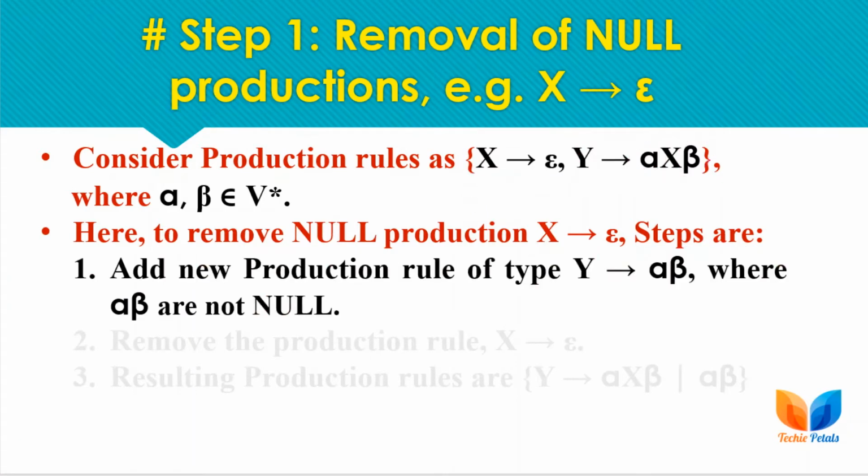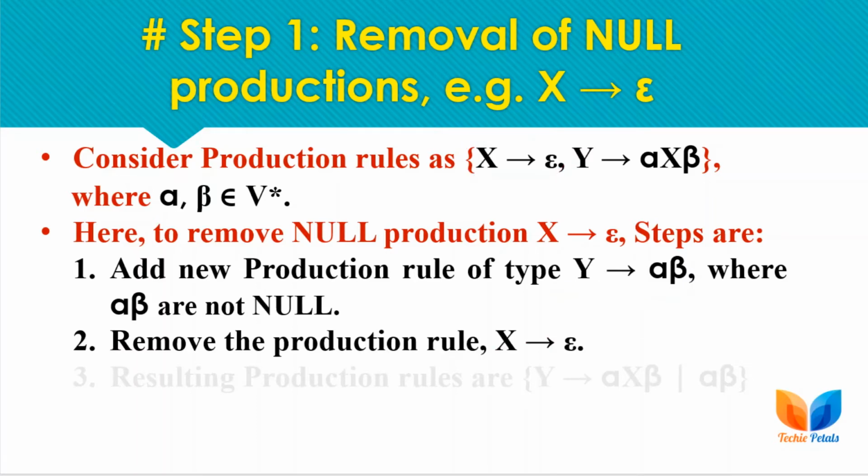First of all, take the null production rule, as we are removing this null production rule from the grammar. Write all other production rules as they are in the grammar, and remove this production rule, as we have to remove it, since the other production rules have no problem. But now substitute x as null in the right hand side of all production rules.